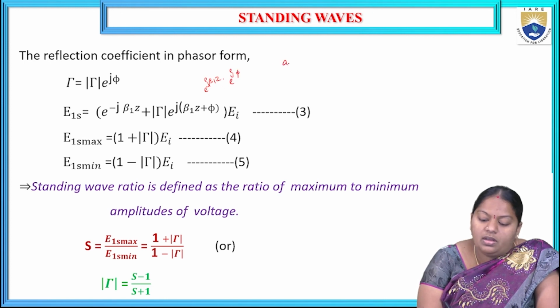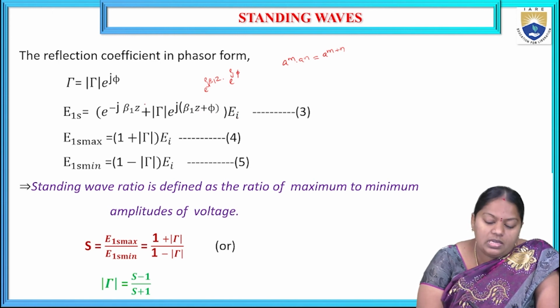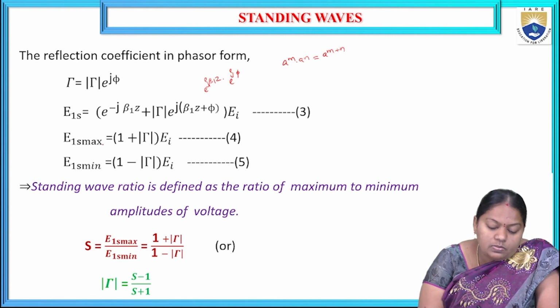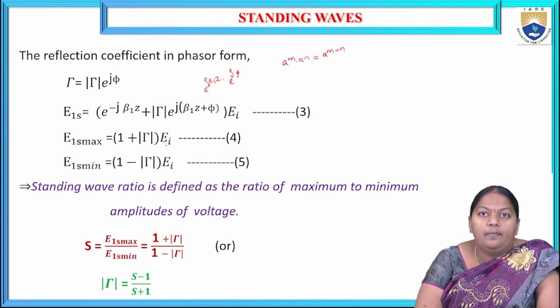This is the formula a power m into a power n, which becomes a power m plus n. So e power j (beta 1 z plus phi) into Ei. If you take Ei as common between the two terms, then E1s maximum is obtained when the cosine function of beta 1 z plus phi becomes 0 phase, so E1s maximum equals 1 plus modulus of gamma into Ei.